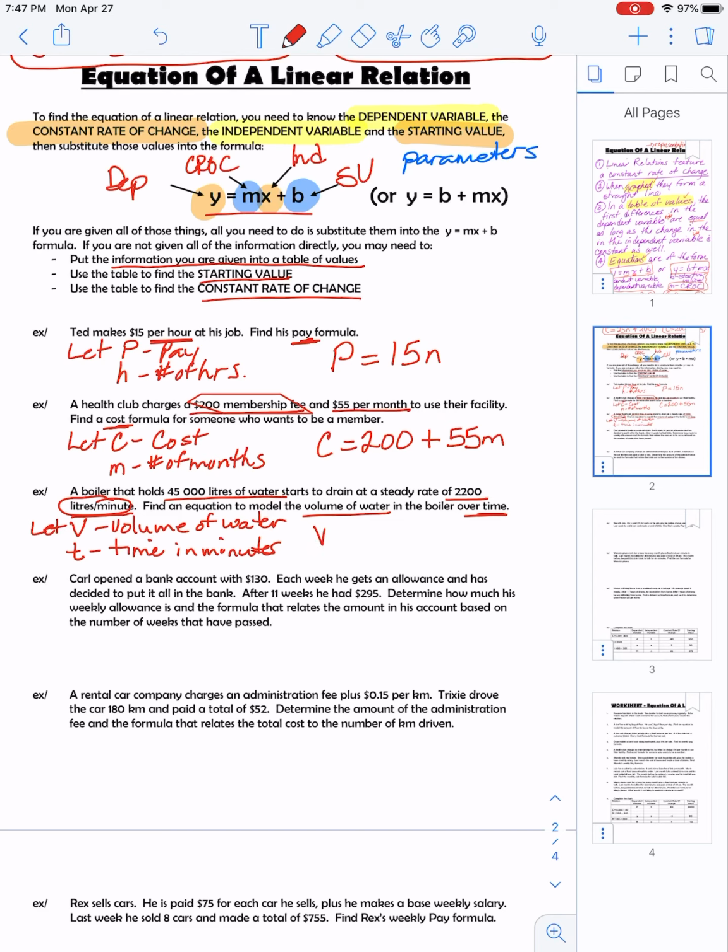So the volume, how much water is there initially? What's the starting value of water? Well, the starting value is 45,000. And then what happens? Well, we lose, so it's draining. That's a negative 2,200 every minute. So 2,200 T.